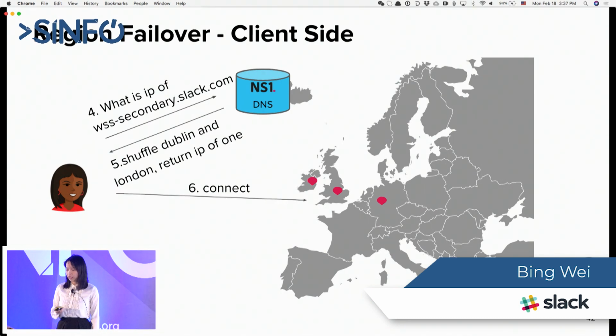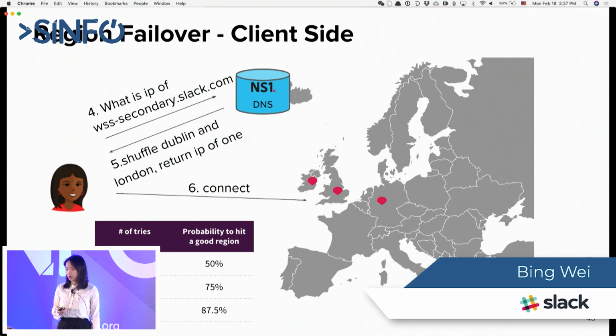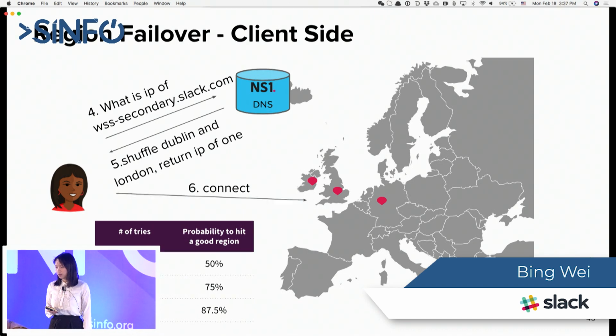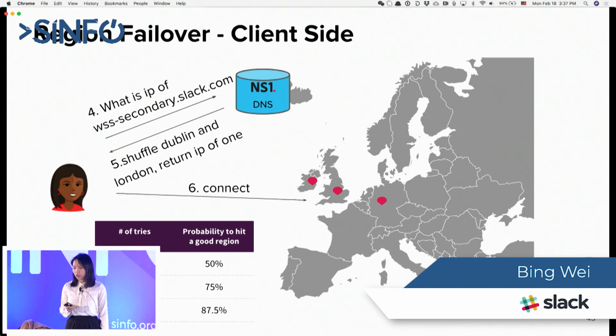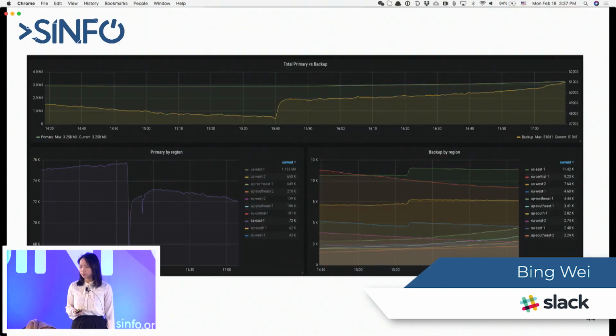Then the client connects to Slack using that IP address. There's a high probability that this time the client will reach a healthy region. With 3 retries, there is an 87.5% chance that the user will connect to a healthy region.